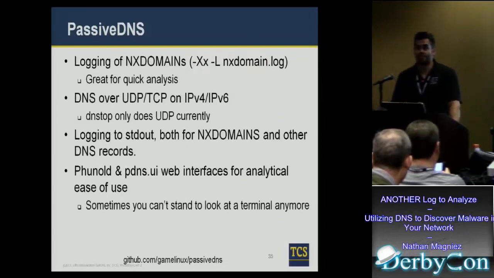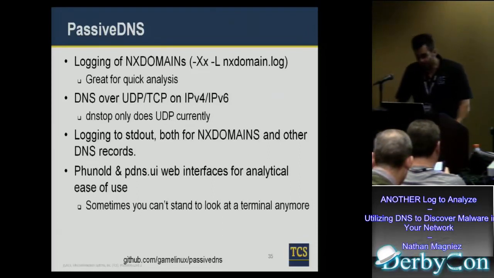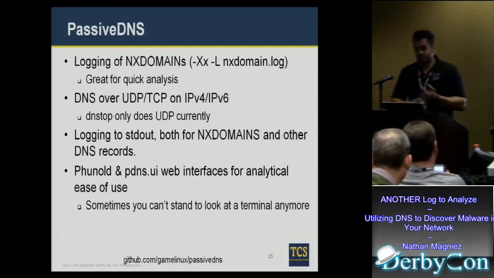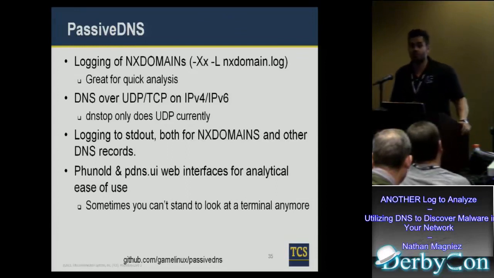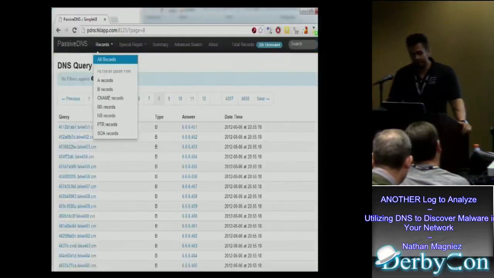If you're not concerned about TCP, it doesn't really matter, but if you also want to see information about who's doing zone transfer requests, this one might be the tool for you. It does logging to standard out, so we can look for the NX domains and other DNS records. There's also a web interface, so if you're tired of looking at that terminal screen, you can start to use a web interface. And here's an example of that.